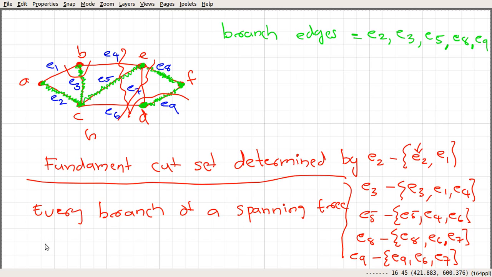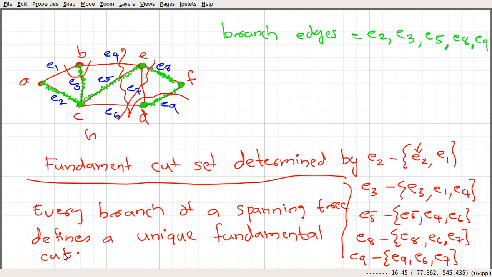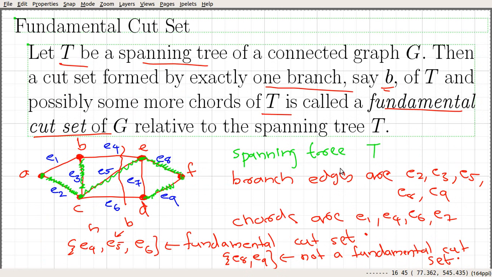Every branch of a spanning tree uniquely determines, or defines, a unique fundamental cut set. Okay, so that's what we saw from this example. We will prove this in a future video. Okay, so the definition is clear.